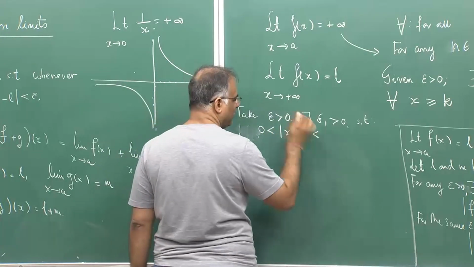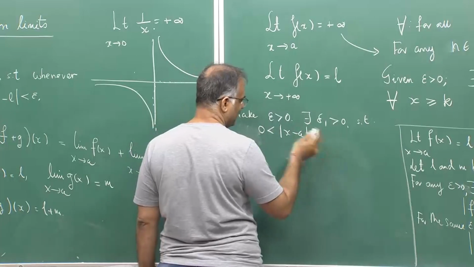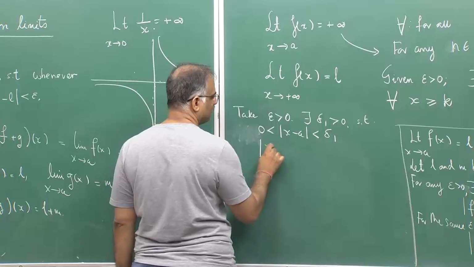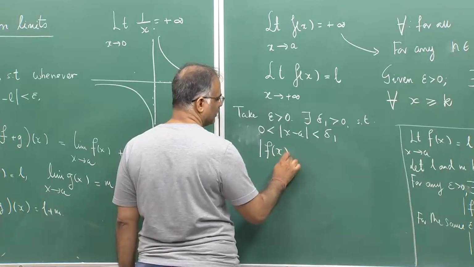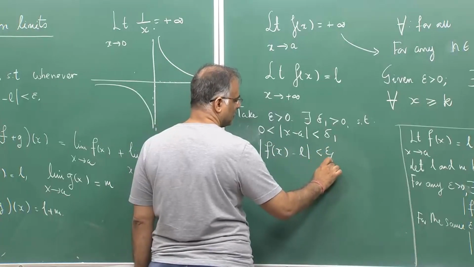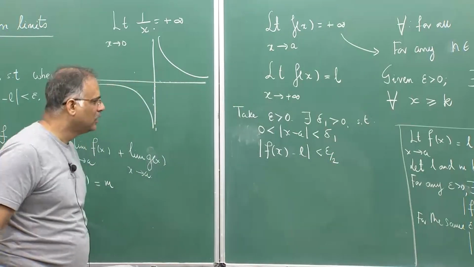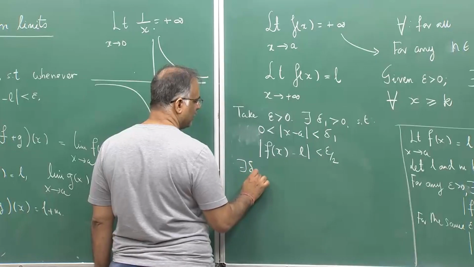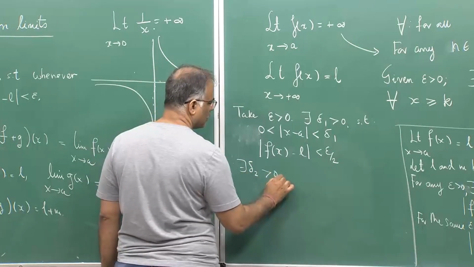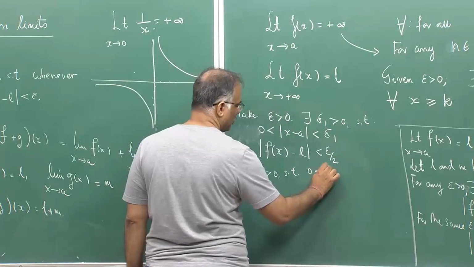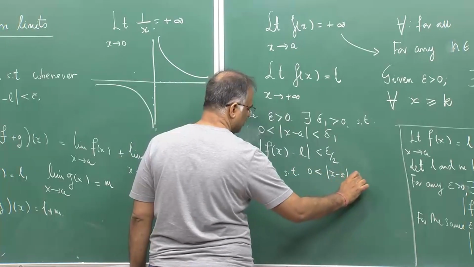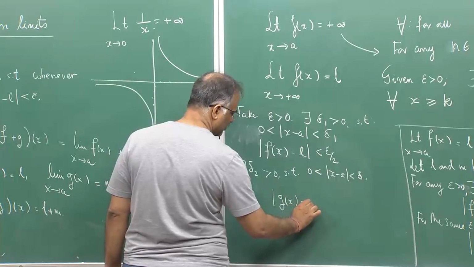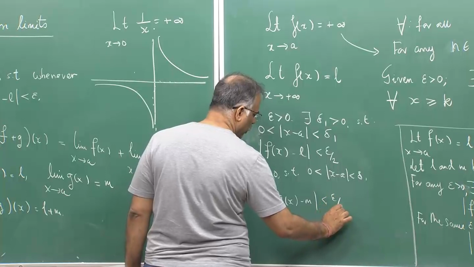I am so habituated doing all these things that it skips my mind. Similarly, there would exist delta 2 such that whenever x is here, now I can use a common delta.